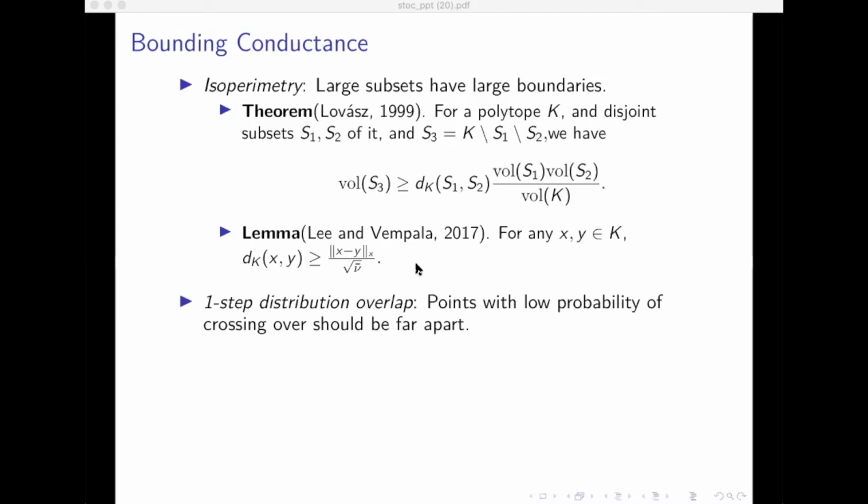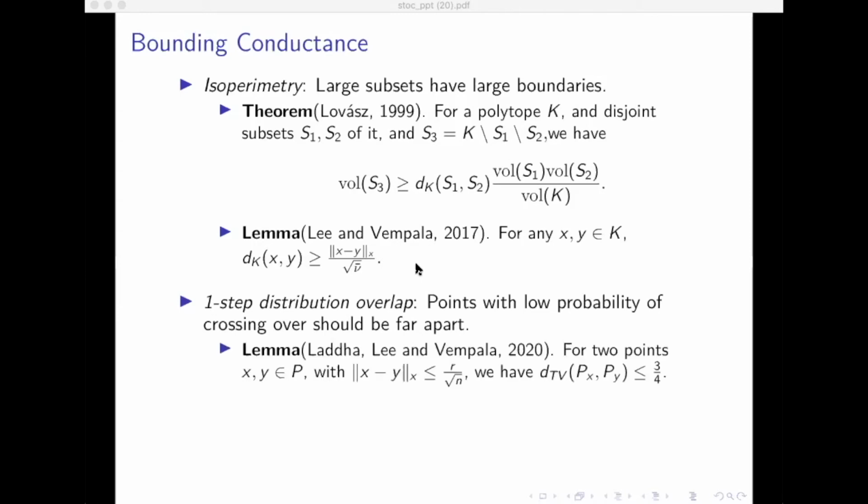We state this as the following lemma. For any 2 points x and y in P, such that the local distance between x and y is less than r divided by square root n, we have that the total variation distance between px and py is less than or equal to 3/4, where px and py are the one-step distributions from x and y respectively.